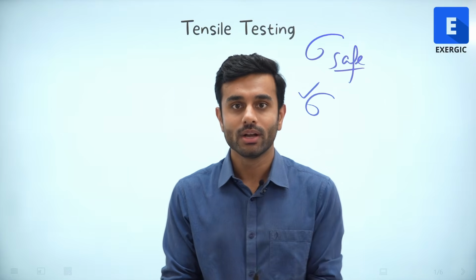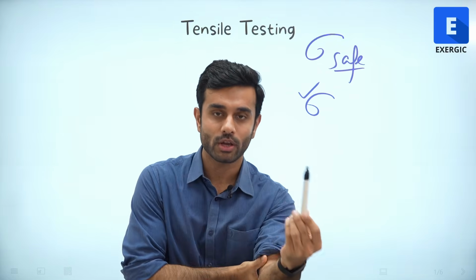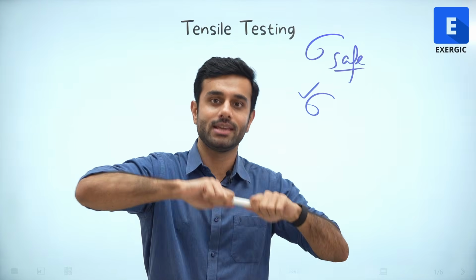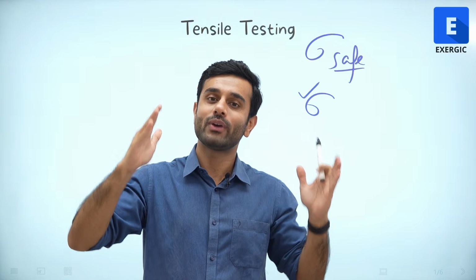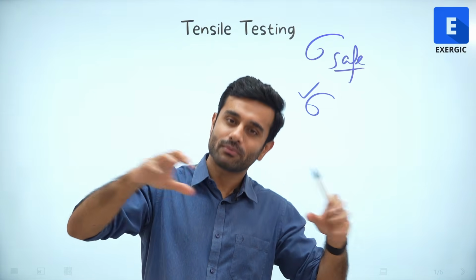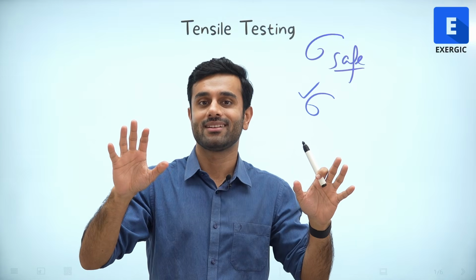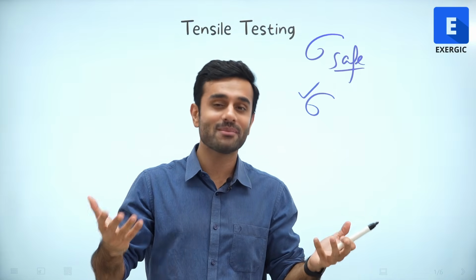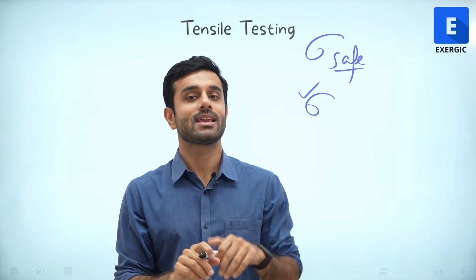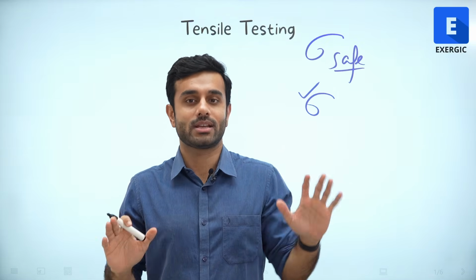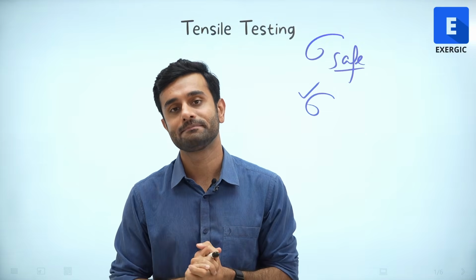You have to take the material which is made up of aluminum or steel and apply the load and calculate at what value of stress it is fracturing, it is cracking. And that is how experimentally you can determine that this much is the safe value of stress for this material.